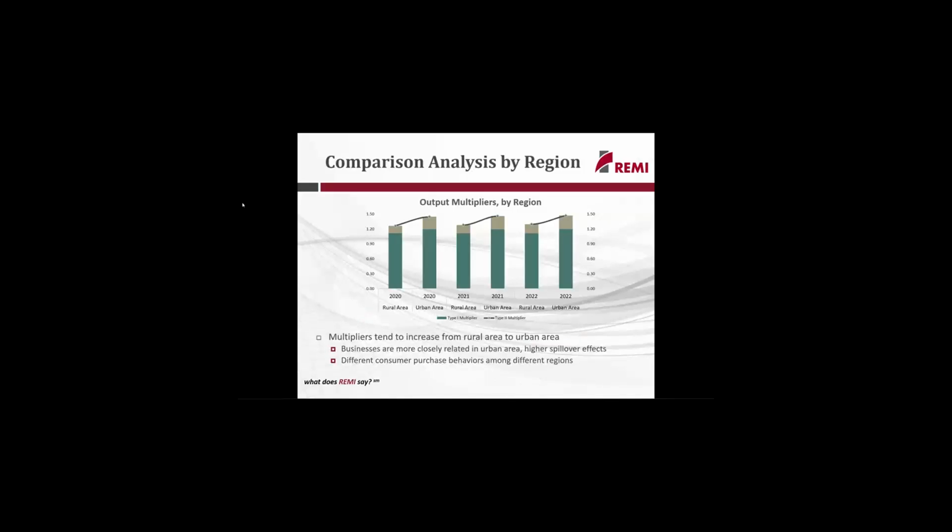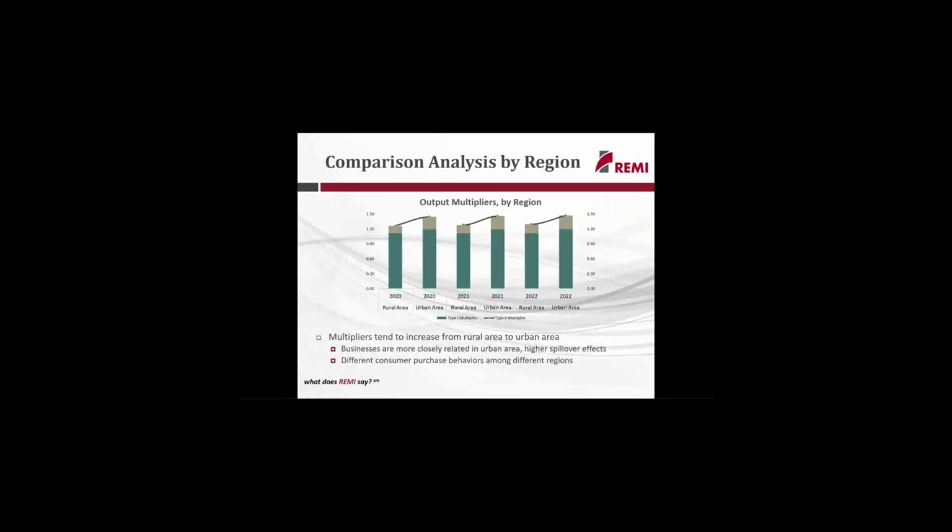So the chart shows output multipliers by region, and it illustrates that the output multipliers tend to increase from rural area to urban area among these 3 years. So it may be because businesses tend to be more closely related in urban areas.